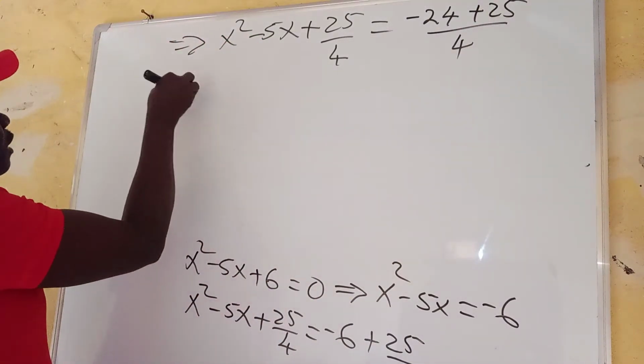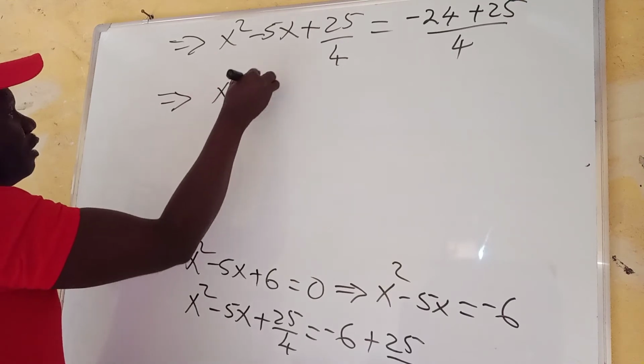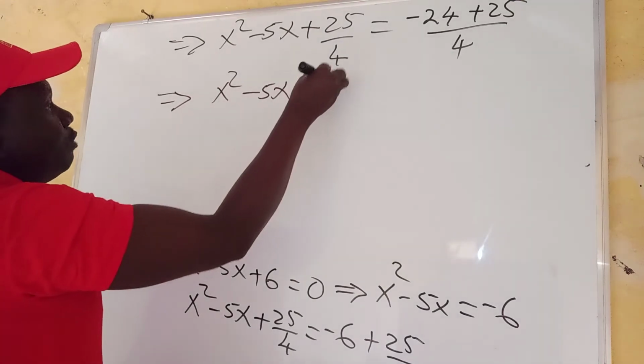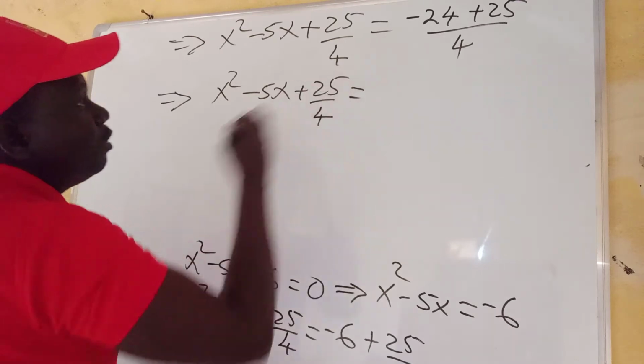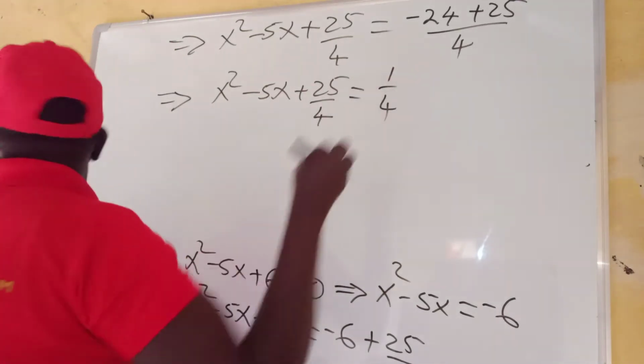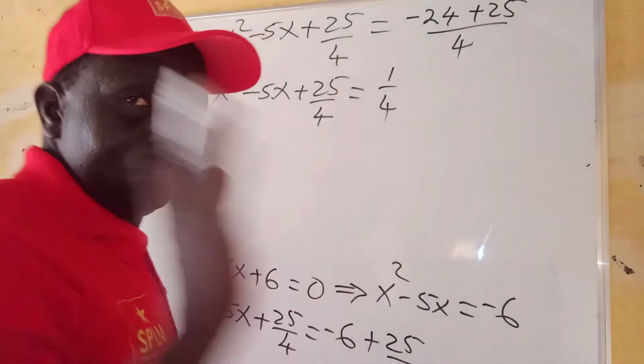And this implies that x squared minus 5x plus 25 divided by 4 is equal to 1/4.